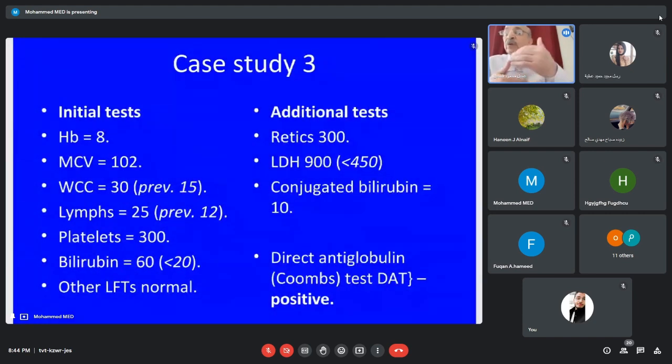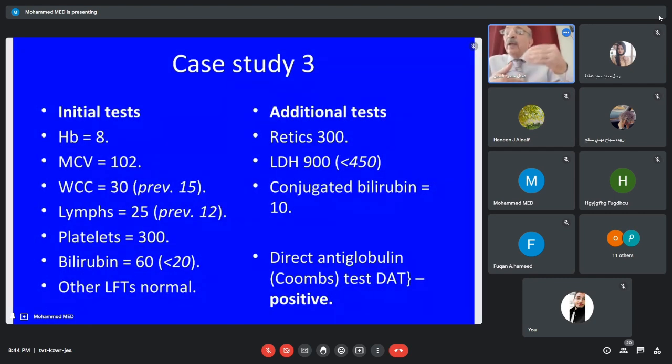Because with hemolysis, the RBCs will be destroyed quickly, so the bone marrow will throw into the circulation reticulocytes. And the reticulocytes are immature red blood corpuscles, and they are bigger than a mature red blood corpuscle. You must know this from your histology. So the MCV will be high.